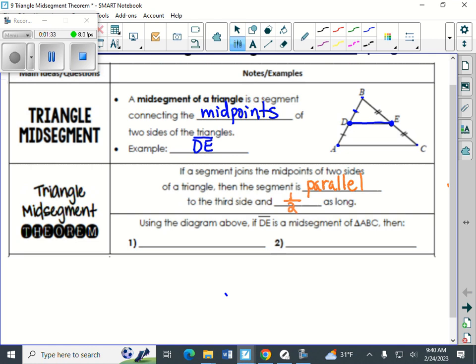So if we go back and look at this, using the diagram above, if DE is a midsegment of ABC, then DE is going to be parallel to AC.